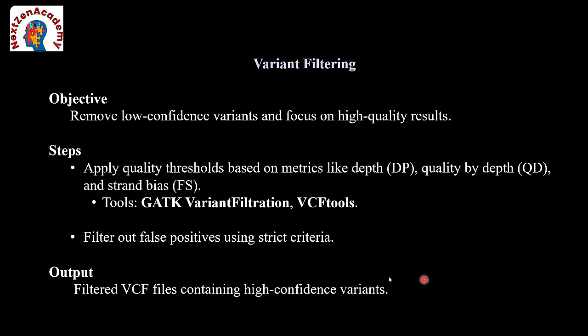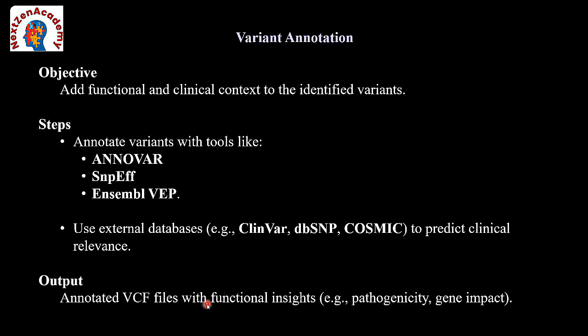That can be done through a tool called GATK VariantFiltration or VCFtools. That helps to filter out false positives using strict criteria. At the end, we get the filtered VCF file, which contains only the high quality variants. The low confidence variants are removed.